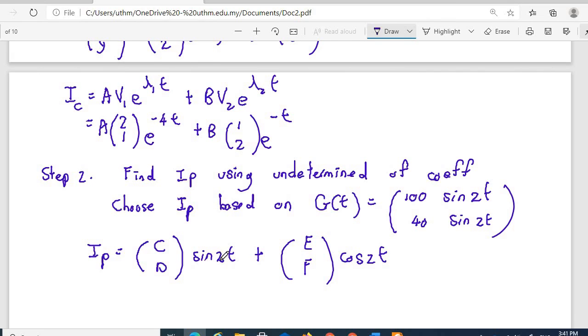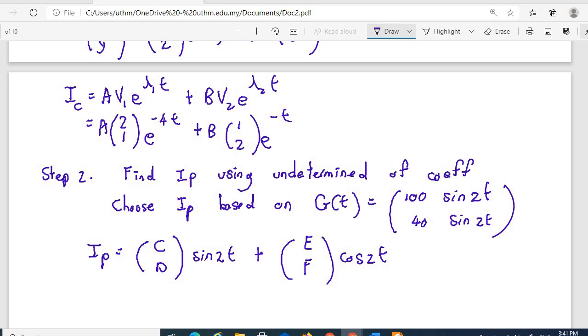IP is in terms of sin 2t, cos 2t, but IC is exponent negative 4t, exponent negative t. Is it a clash or not? No, not a clash. If it clashes, you should multiply by t. So in this case, not a clash.